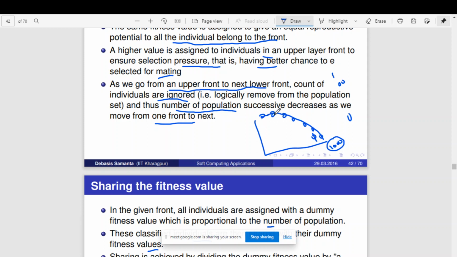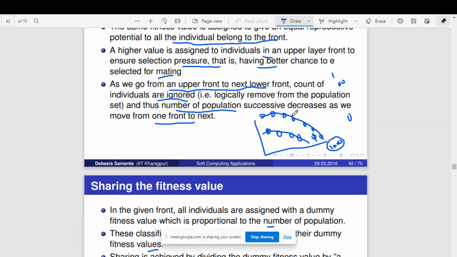For every individual in a particular front, there will be a common dummy fitness, a unique fitness in the front. For example, if there is another front, all these individuals will have some other dummy fitness score.